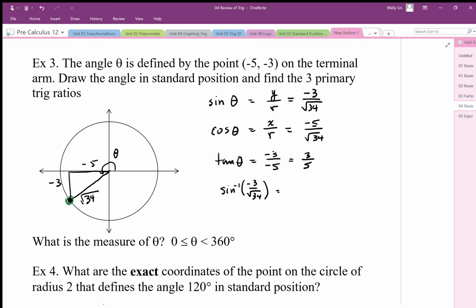I'm going to end up with -30.96 degrees.